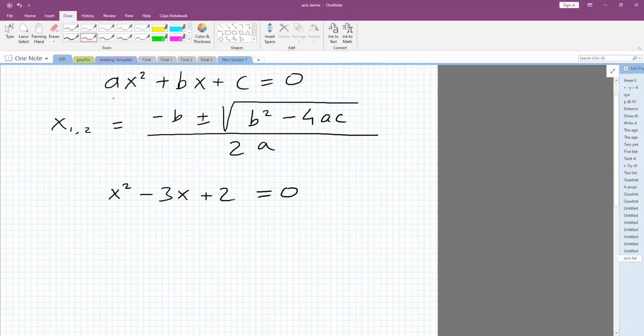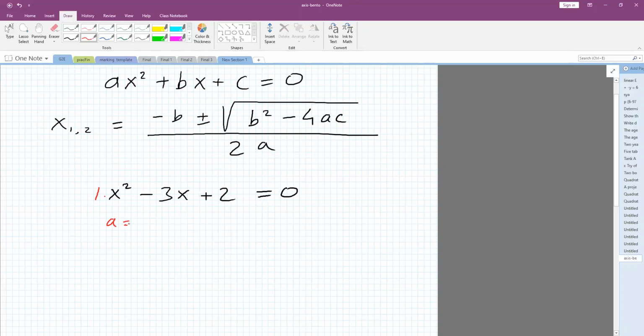In this case, you need to know the values of a, b, and c. a is the coefficient in front of the square term x squared, so it is 1. b is the value in front of the x, so in this case it's minus 3. And c is just a constant, so in this case it's plus 2.